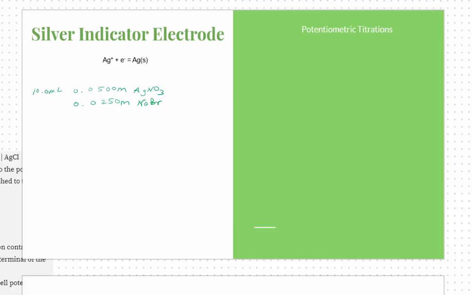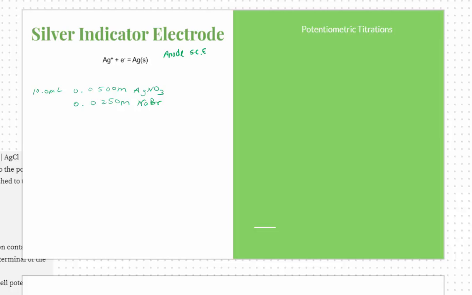Now there's some information we need before we can really start calculating our titrations. So you might want to make a bullet list, you might want to make a numeric list, whatever makes you happy. But we need to point out that our anode in this case, because it's attached to the negative side of this cell, is going to be the standard calomel electrode.